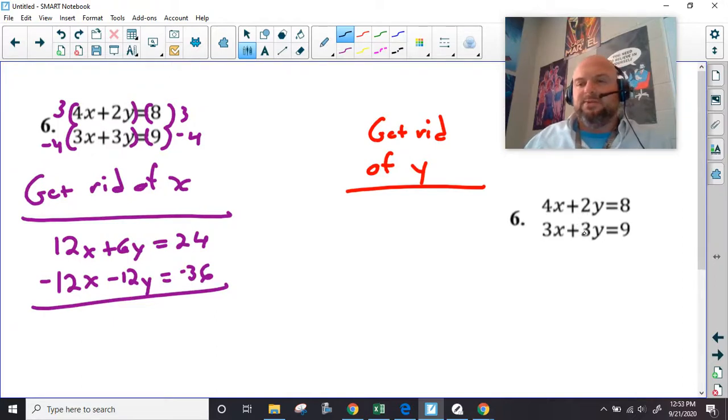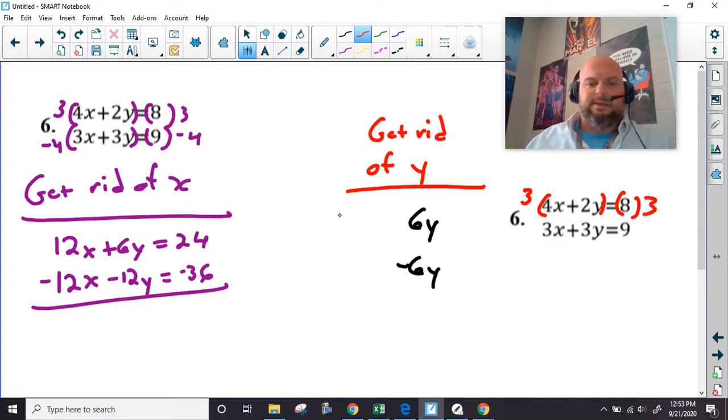Well, a number that both 2 and 3 will go into is going to be 6. So if I want a 6y right here, and I want a negative 6y right here, what would I have to multiply this top one by to make this become a 6? Right, it's a 3. So I'd have 12x plus 6y.